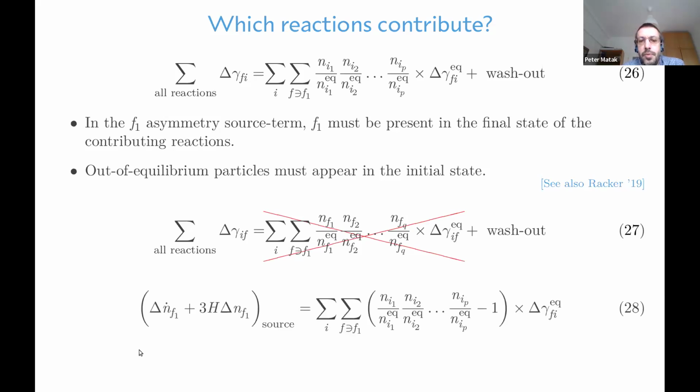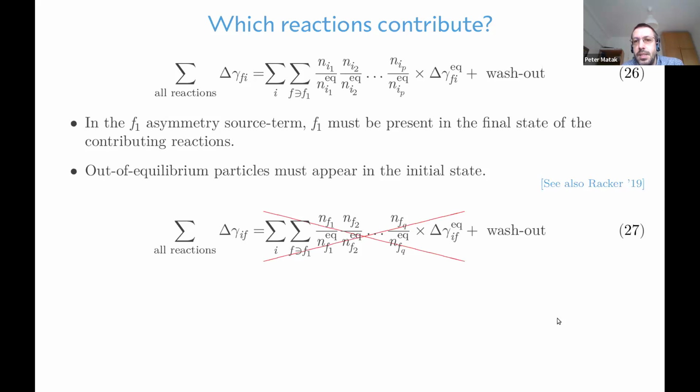So the source term of an asymmetry of some F1 particle can be written as a difference of the ratio of initial state densities over the equilibrium densities minus 1. And okay, so we can see that in equilibrium it is actually 0, so the source term vanishes.